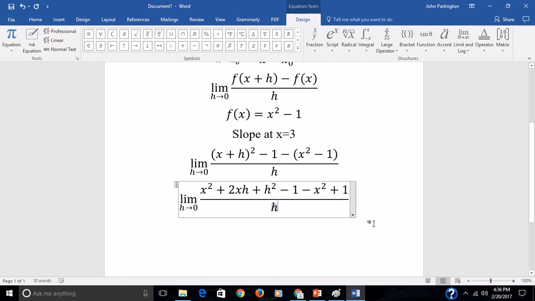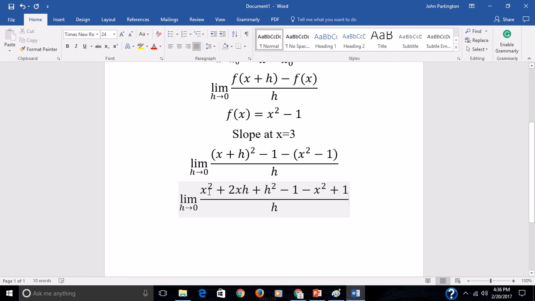Now some of this stuff can be simplified here. We notice this x squared and this x squared will divide out. And we also notice this negative 1 and this positive 1 will add out. And so we're going to be left with this 2xh plus h squared.